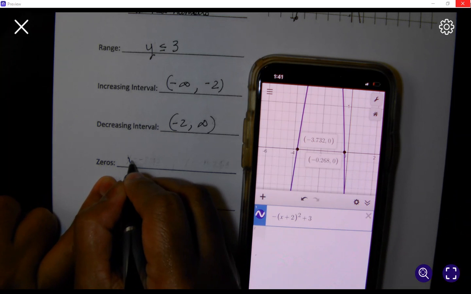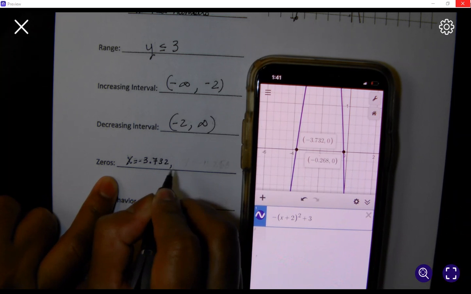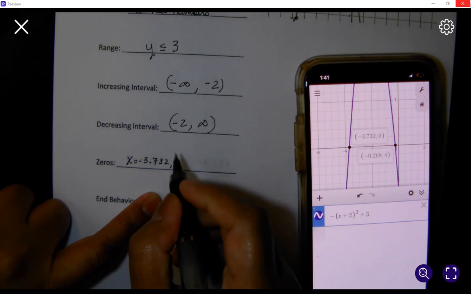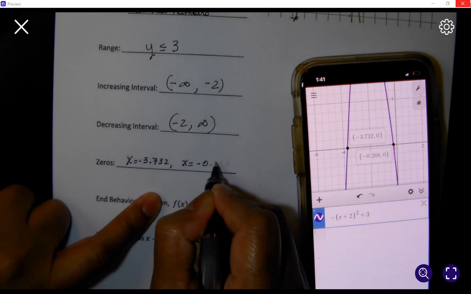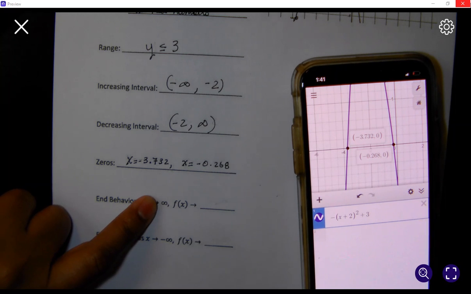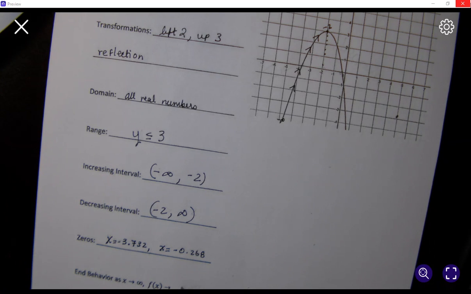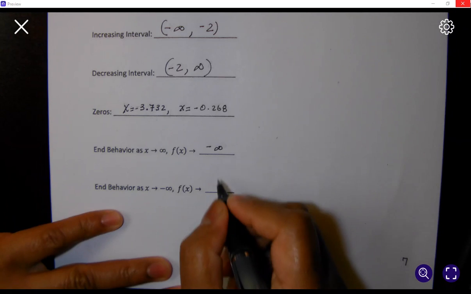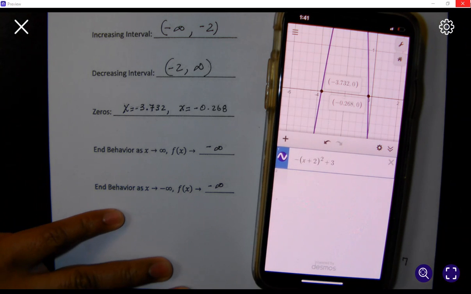So you have x equals negative 3.732. That's one of my zeros, and the other one is x equals negative 0.268. And my end behavior is, well, they both are going down, so it's going to be negative infinity, negative infinity, since they both are going down.